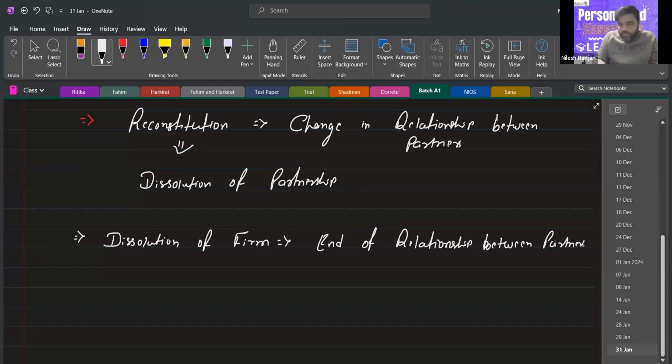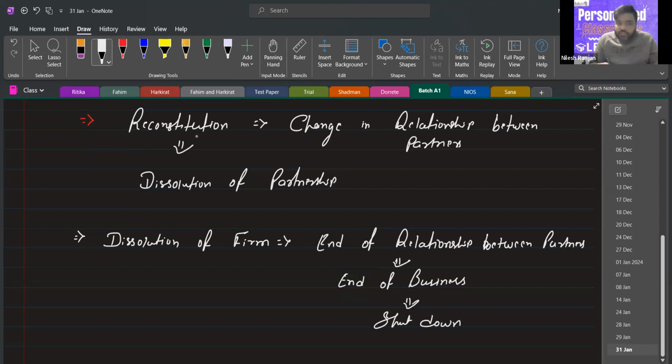Now you can see what is the difference between these two. Dissolution of partnership firm means end of relation or end of business, shut down. You have closed your business.